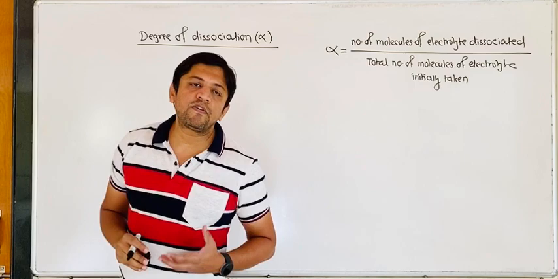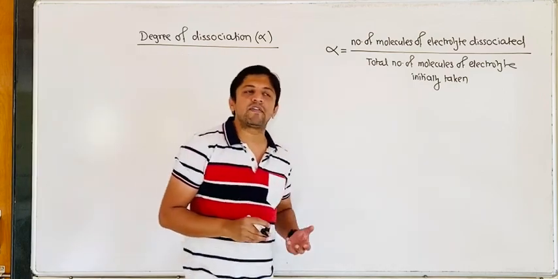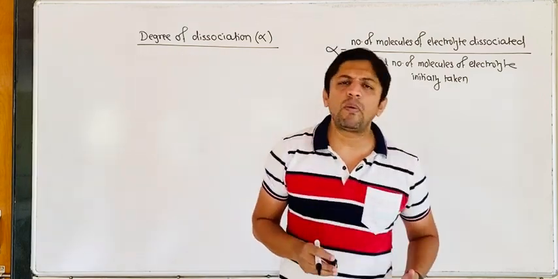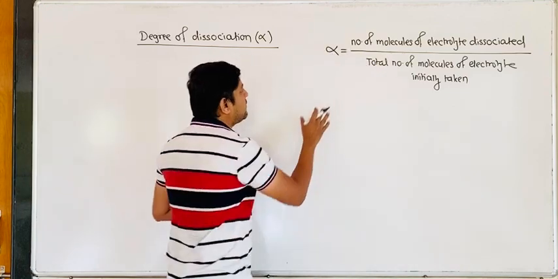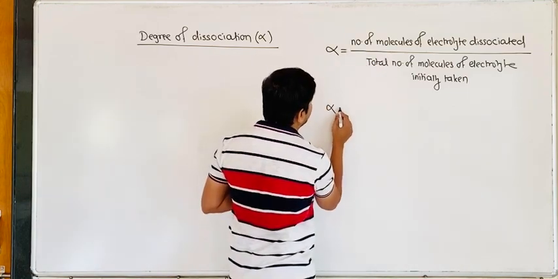As the number of molecules of any electrolyte or number of ions is directly proportional to moles of ions or moles of electrolyte, the same formula can be written in terms of number of moles.